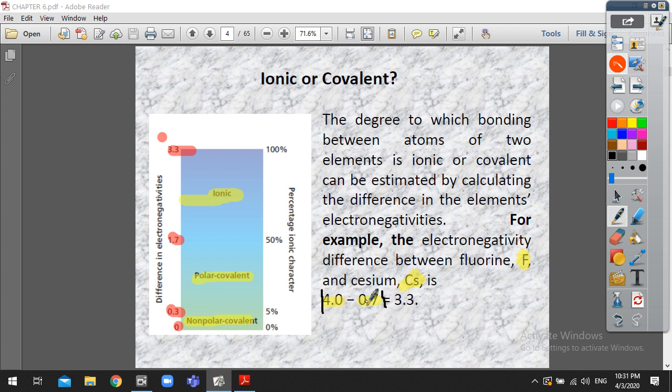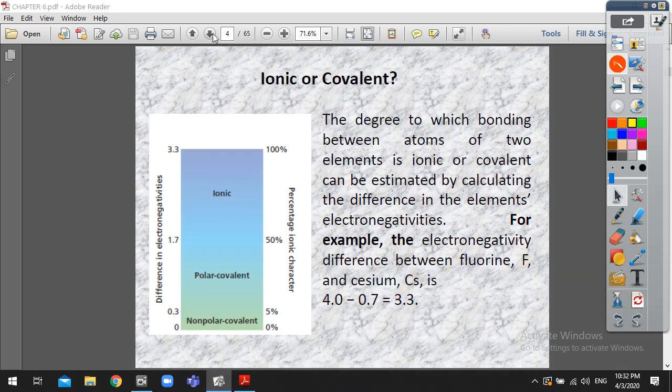Maybe it can be 0.7 minus 4, it doesn't matter. The value will always be positive. So the value is 3.3. It means that 3.3 is ionic. Fluorine and cesium make ionic bonding. Also, at the end of the lesson, I will do more examples and you will understand.